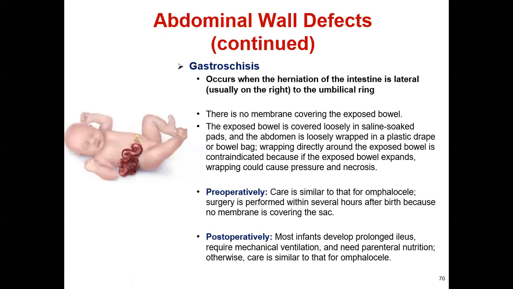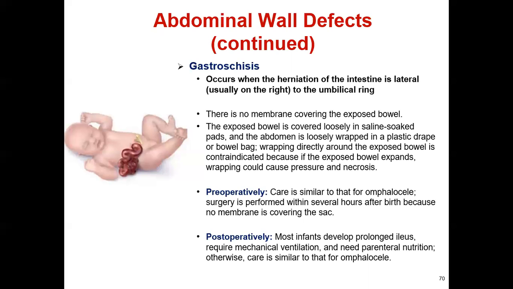So place the lower half of the infant in a clear, sterile plastic bowel bag because it provides protection, also visualization, and decreases heat and moisture loss, right?